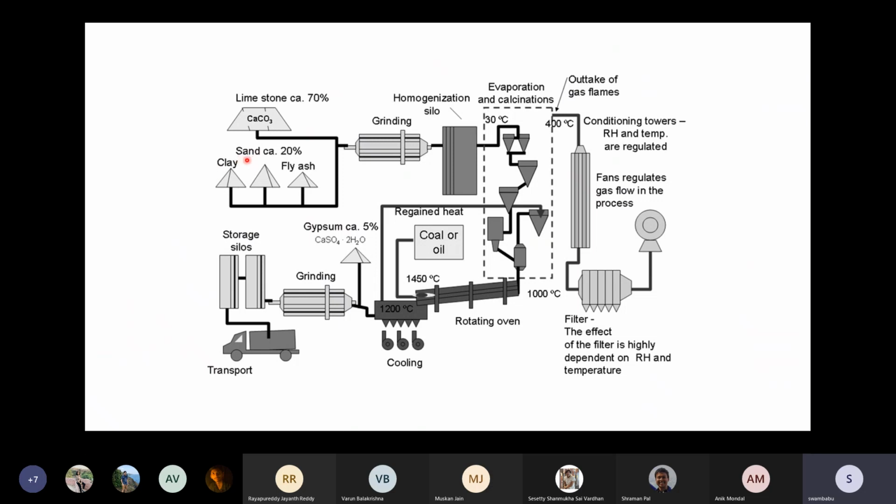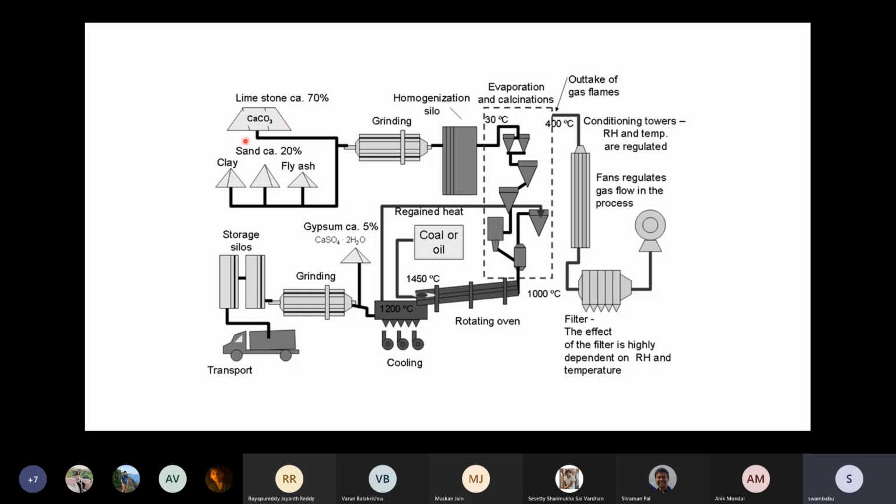Then the sand, because it depends upon the purity of the calcium limestone. If the purity is very high, it doesn't have any SiO2. If it's less pure, it will have SiO2. So it depends upon the purity. Sometimes they will add sand, sometimes they will not add sand. So assume that a small amount of SiO2 is present in the limestone.